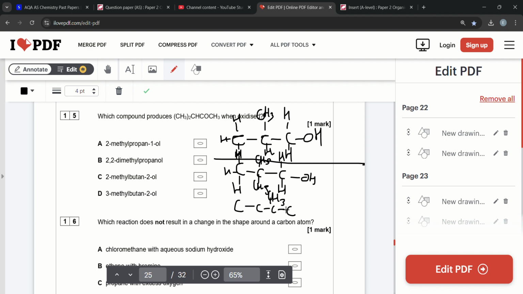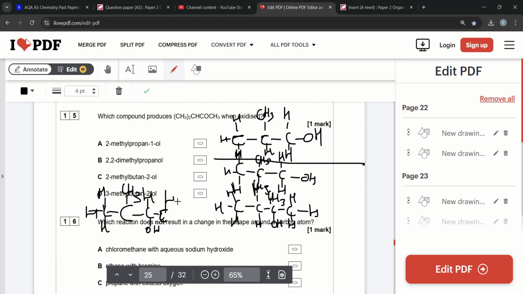2-methyl butanol. Then we've got 3-methyl-butanol: methane, ethane, propane, butane, alcohol group on the second carbon. We've got a methyl group on the third carbon. H, H, H, H, H, H, H, H. So if we look at these, for A it is a primary alcohol.